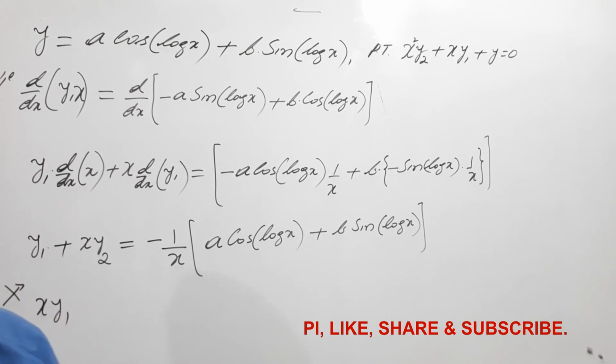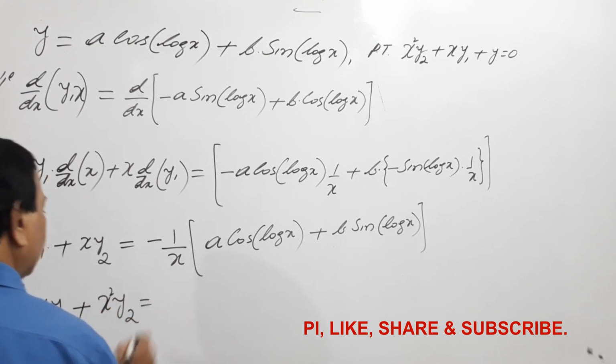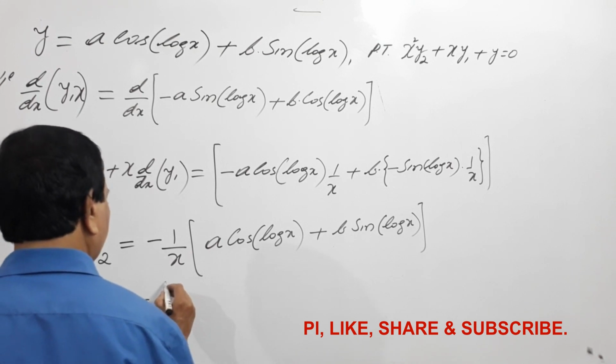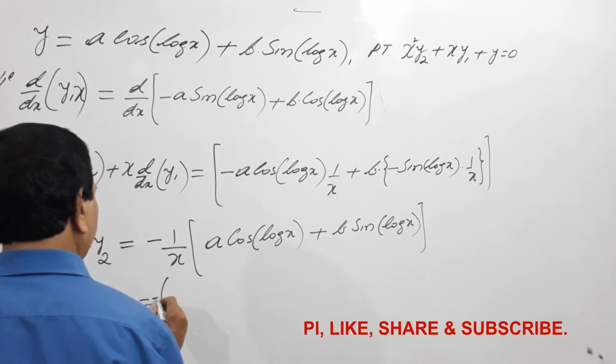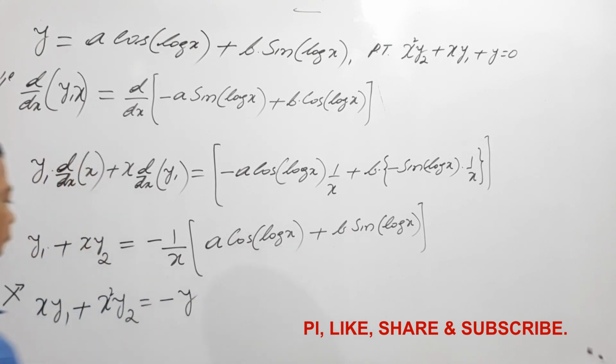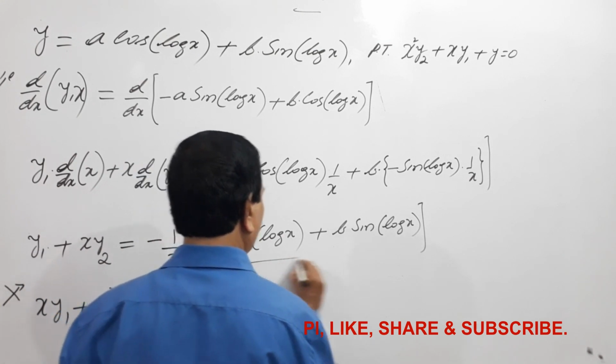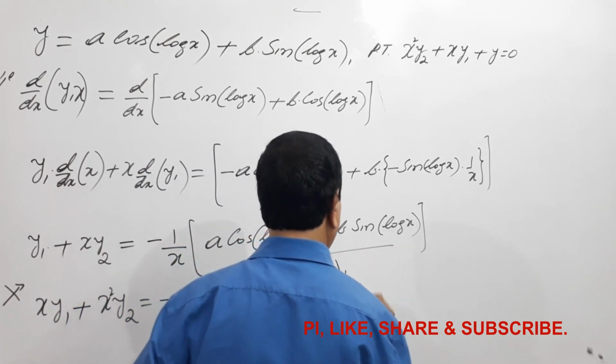x y1, because it has to be multiplied for both, this becomes x square y2 equals minus y, because this x has gone to this, so x into y1 plus again x into x, it becomes x square y2 equals, what is this? This is nothing but our y.